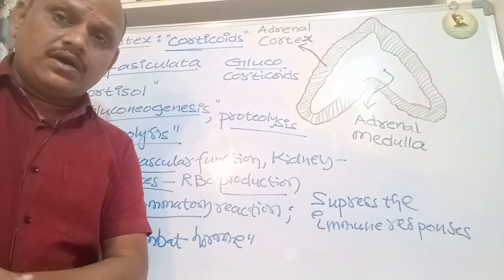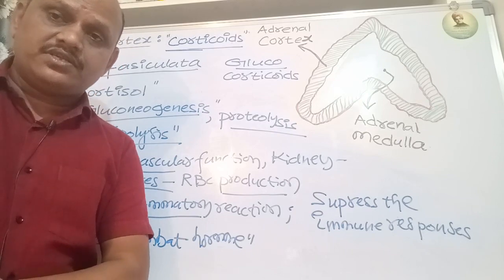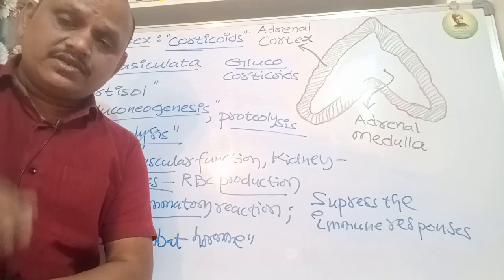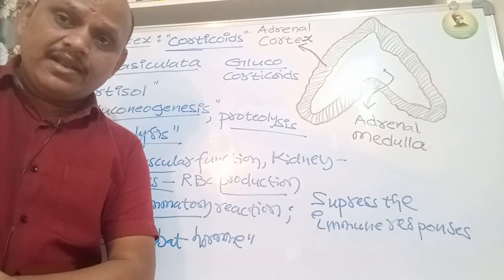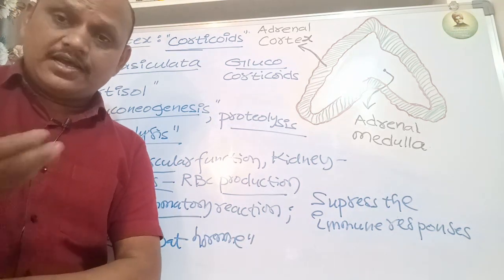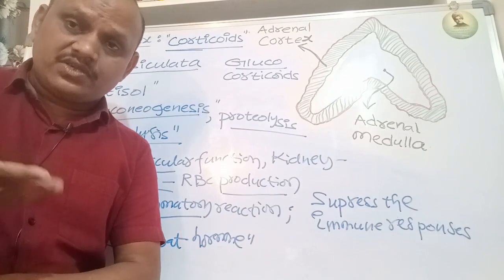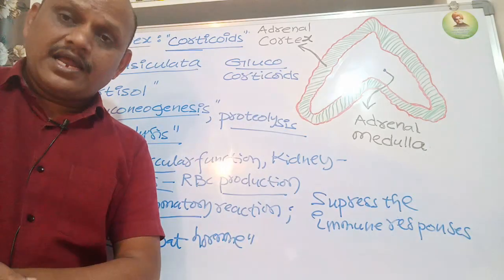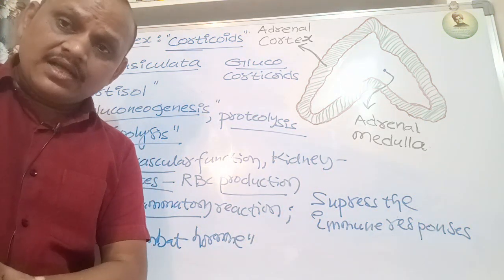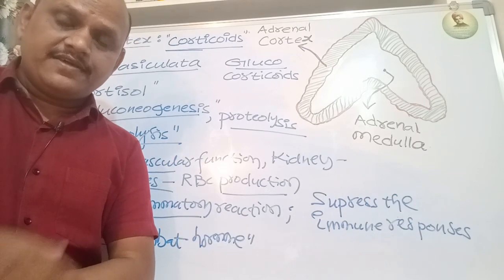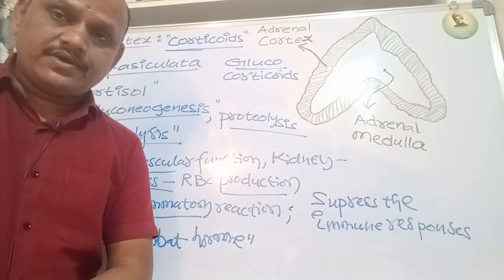It produces androgenic steroids, and the chief one is testosterone, which provides secondary sexual characteristics in males, and libido, a type of sex behavior, along with the production of axillary, facial and pubic hair. This is about the steroid hormones produced by the zona reticularis portion of the adrenal cortex.